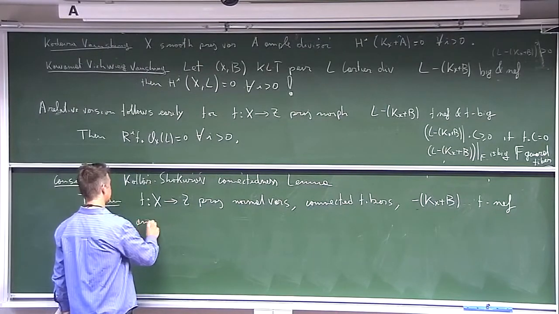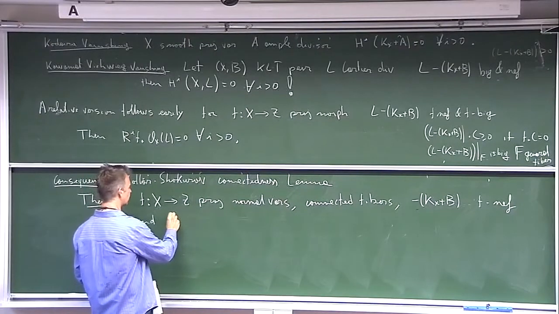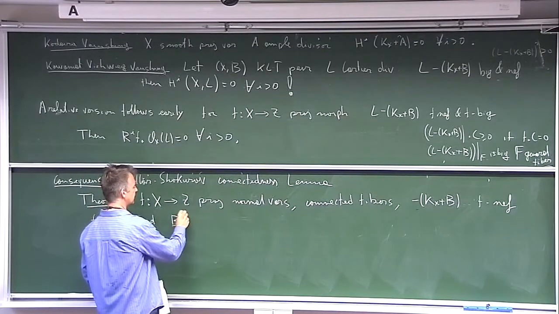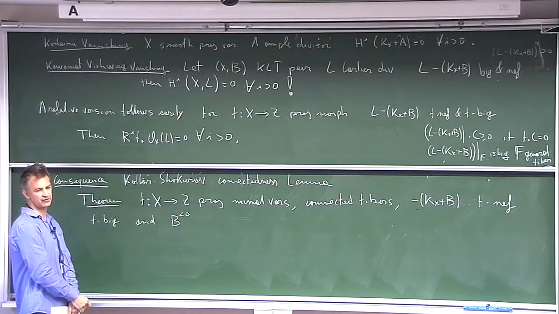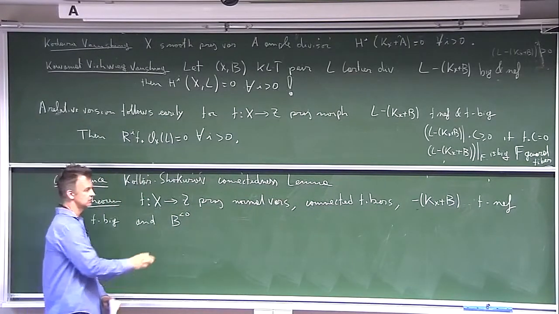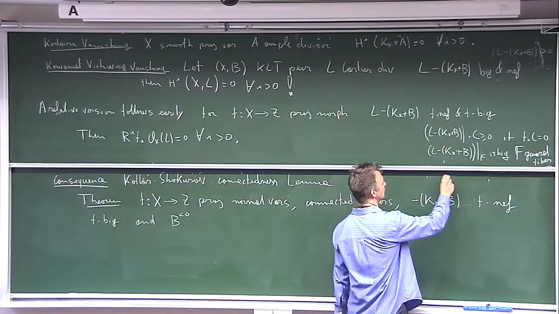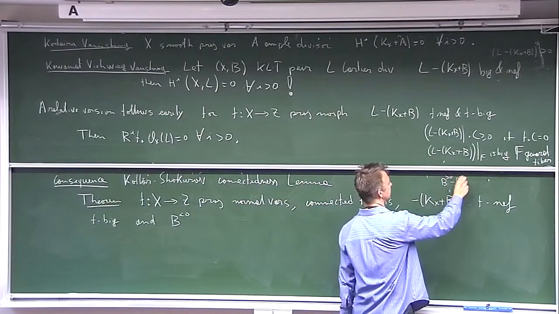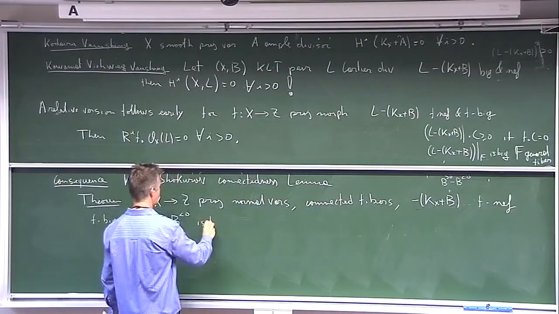And let's say every coefficient: if I look at B_{<0}, the stuff in B that has negative coefficient, think of B as being B with positive coefficients minus B with negative coefficients, I'm going to assume that this is f-exceptional.